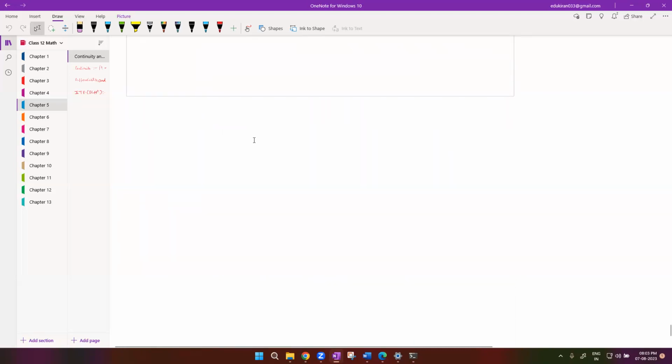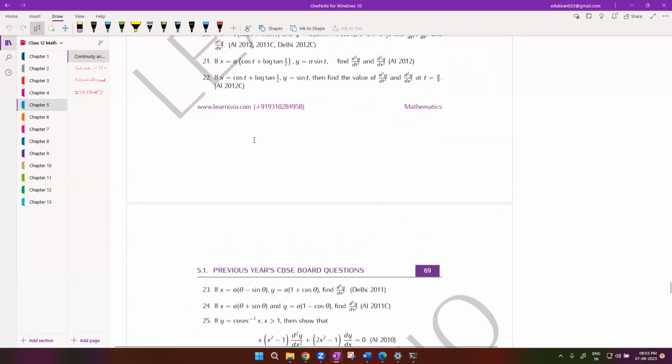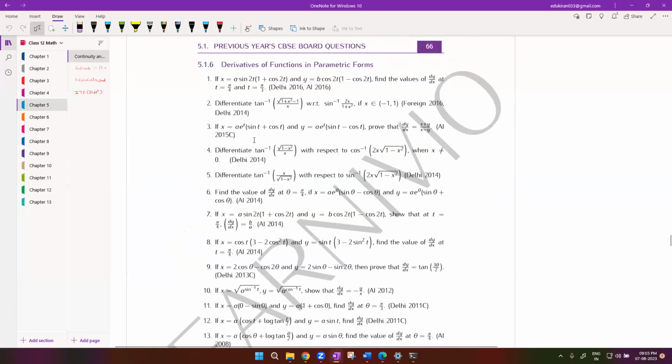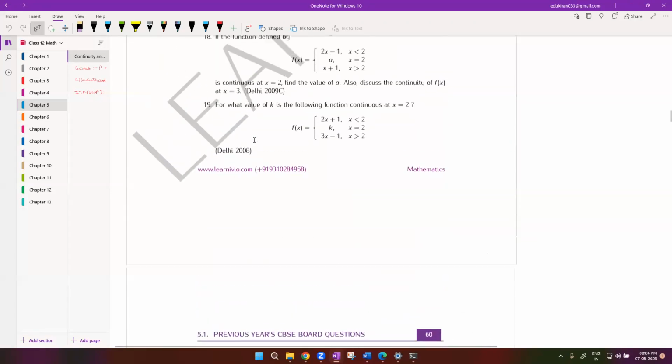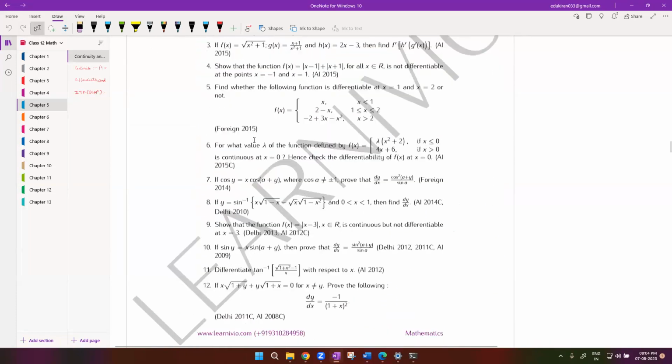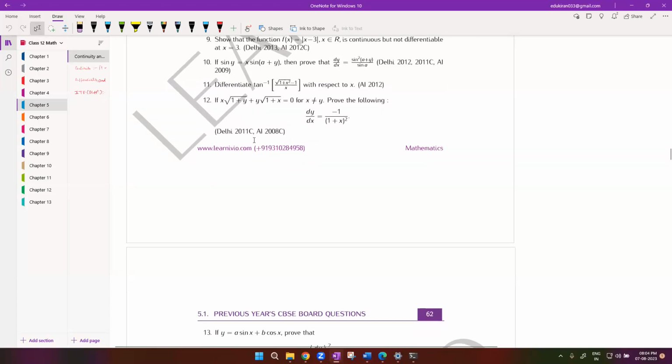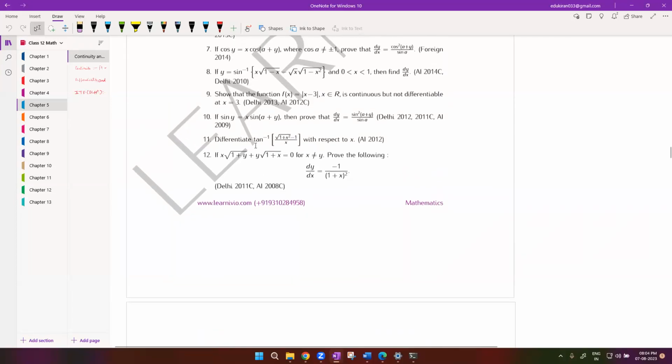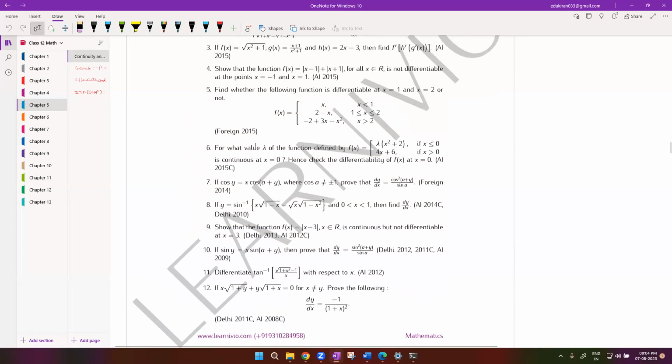What assignments for? Marking some questions, we have to solve them. Eighth, 10th, 11th.